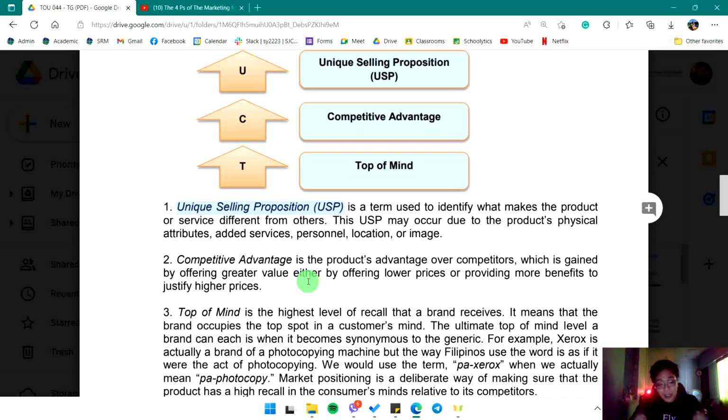Again, market positioning is kung ano ang tingin ng market sa ating produkto, kung ano ang tingin ng market sa ating serbisyo na binebenta. At kung minamarket nyo yung inyong produkto o yung serbisyo ninyo in a way na sinasabi ninyo na unique ito, na kakaiba ang aming produkto, kakaiba ang aming serbisyo, that means the idea that you are selling to the minds of the market is unique selling proposition.